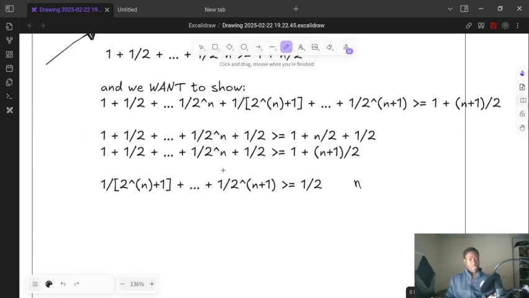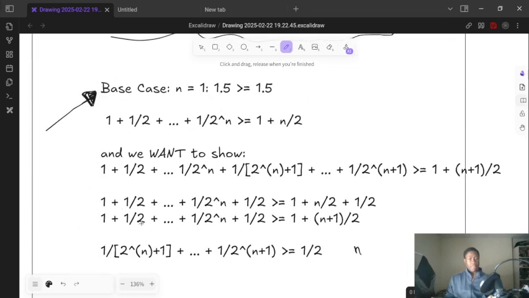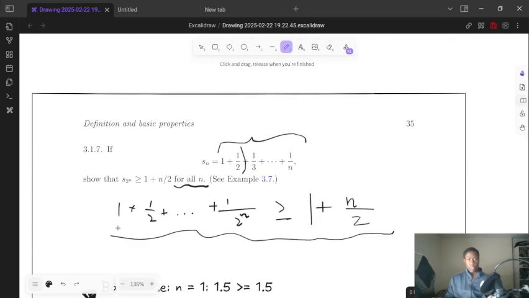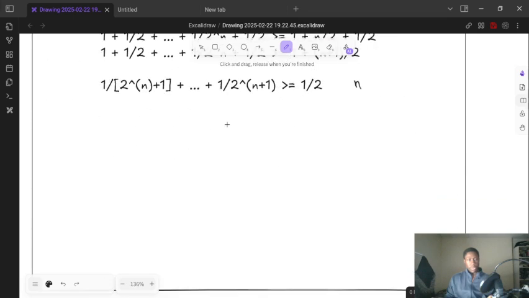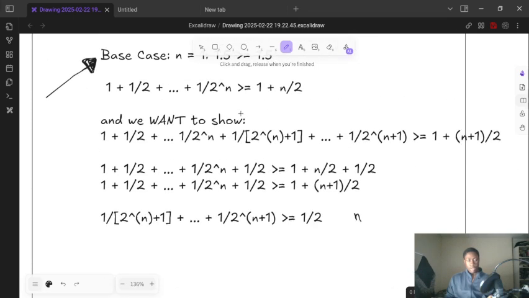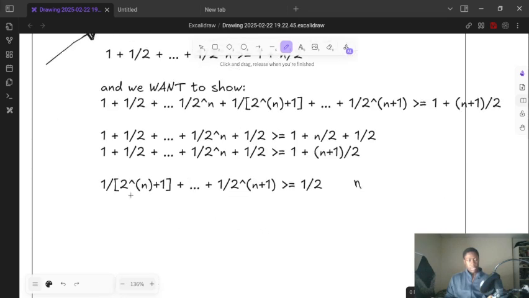Actually, wait, will it not work? 2 to the n would be 2 itself.